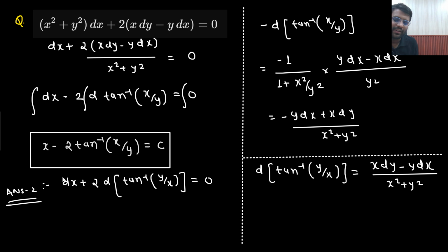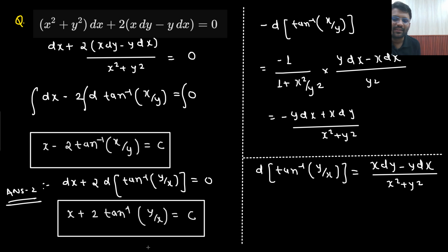On both sides you integrate, so this will come out to be x plus 2 tan inverse y by x equals constant. Both answers are same only. This answer and this answer both are same only. How they are same, I am leaving it up to you.